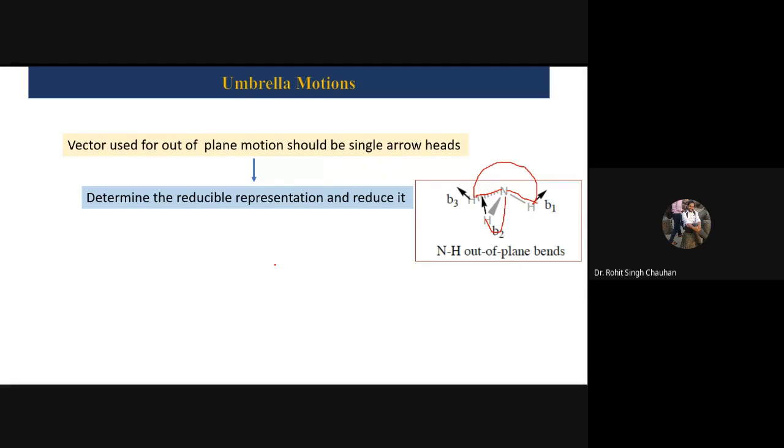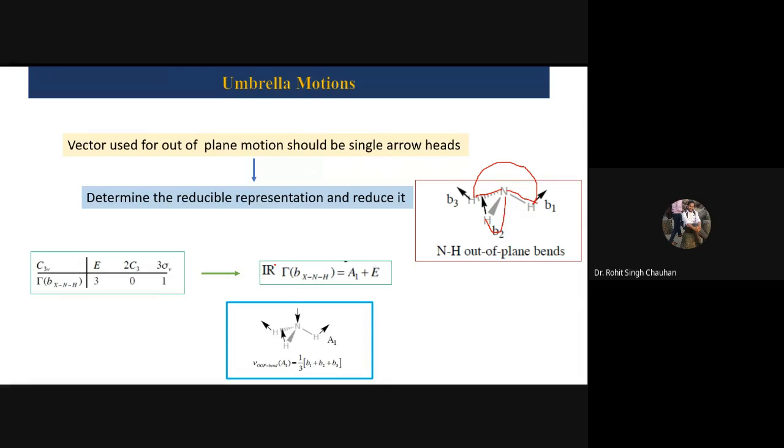Okay, so determine the reducible representation. Same thing will become 3 0 1, A1 plus E. This is the depiction for A1. A1 you have already solved in case of bond length, and that was 1 by 3 S1 plus S2 plus S3. So in case of angle, what will it be? 1 by 3 theta 1 plus theta 2 plus theta 3. This is the projection equation. Okay, but if you are going to frame it for bond angle, it should be 1 by 3.